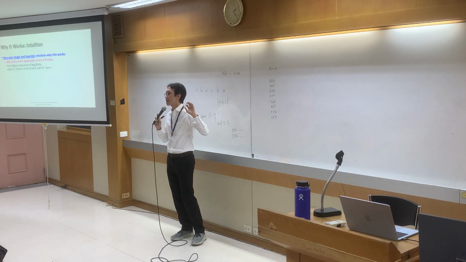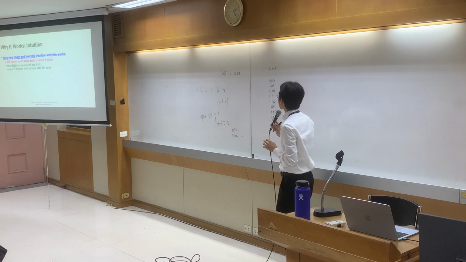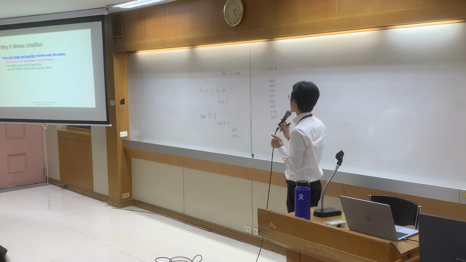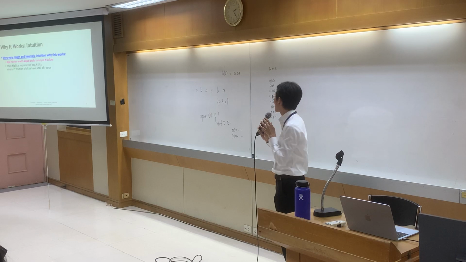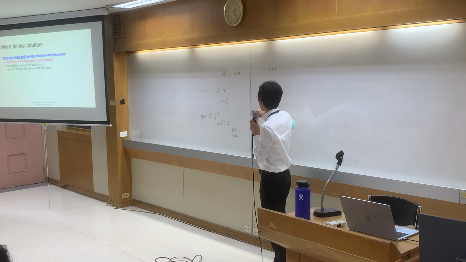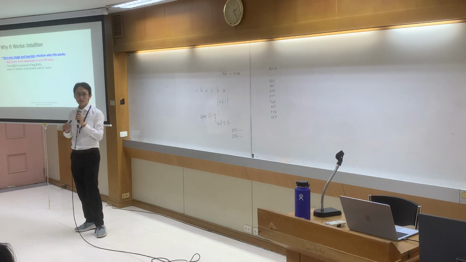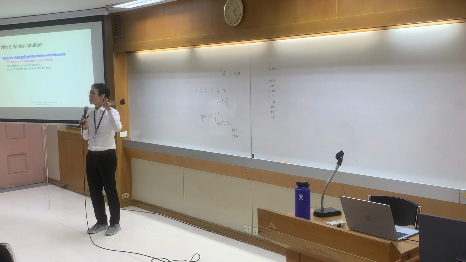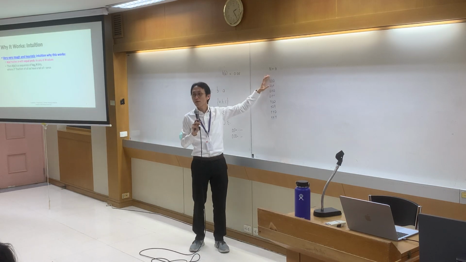Uniformity assumption. So what is the probability that your hash value is going to start with 0? As you can see, half. What is the probability that your hash value is going to have 2 zeros at the beginning? 1 over 4.